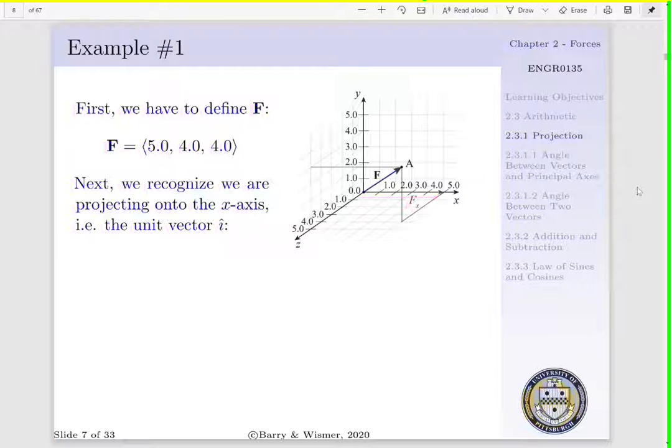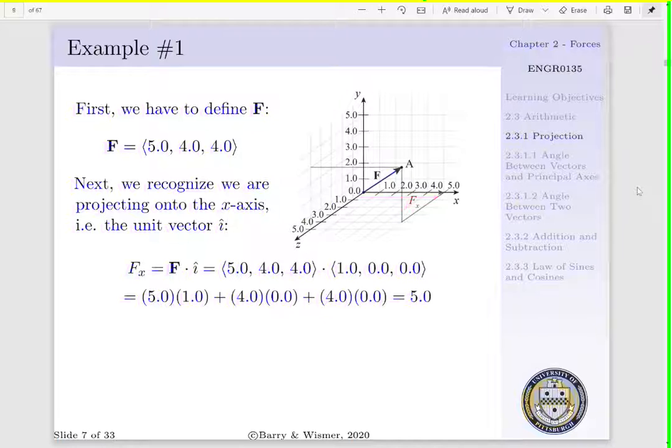Next, we recognize that since we are projecting onto the x-axis, the vector that we are going to project on is i hat, the unit vector describing the x-axis. For us to execute this dot product, we are going to calculate a scalar quantity, that is the magnitude of our force vector in the x direction. So we have f sub x is equal to our force vector f dotted with our unit vector in the x direction, i hat.